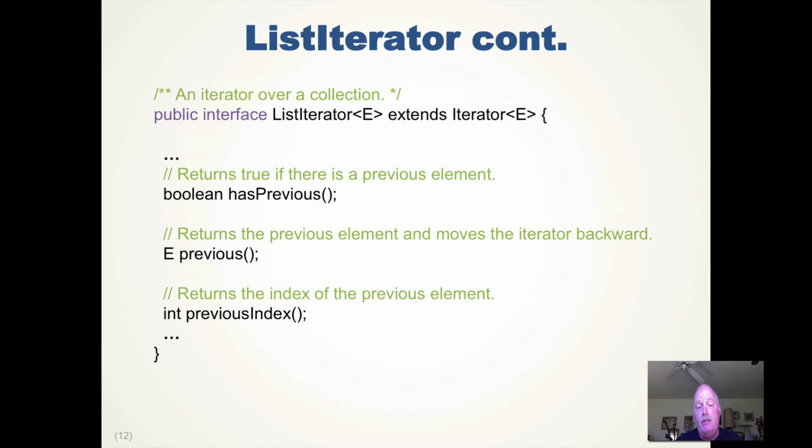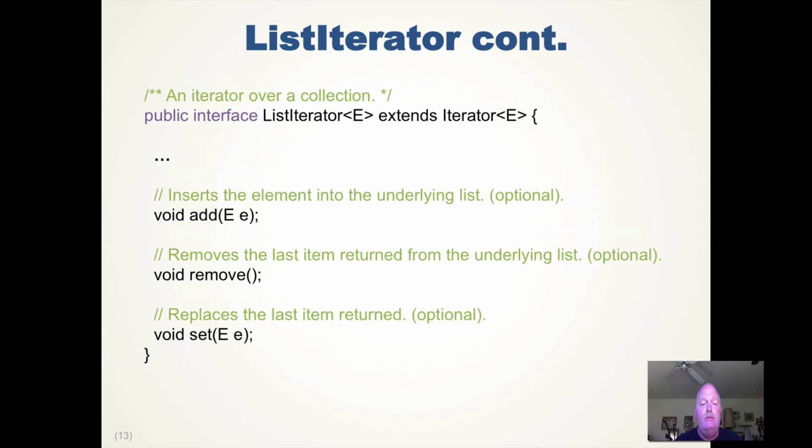So is there a previous item, what is the previous item, and what's the index of the previous item? We also have some optional methods to modify the list: add an element to the list, remove the previously returned item from the list, and replace the last item returned. Again, all 3 of these are optional, which means they have to be implemented, but you can throw an unsupported operation exception.